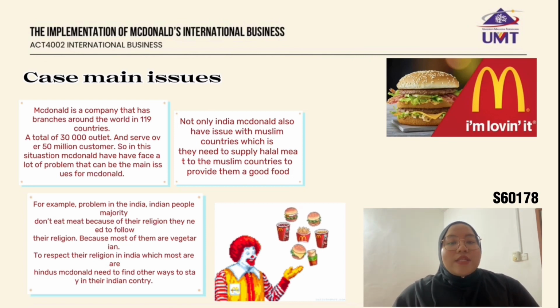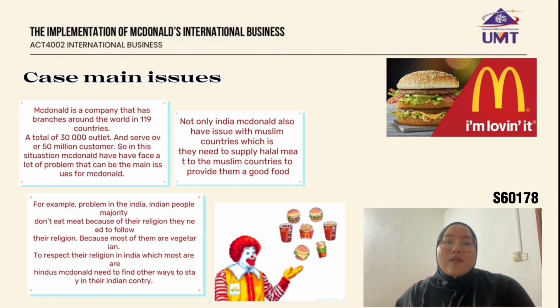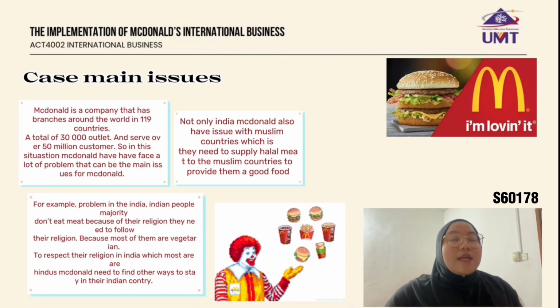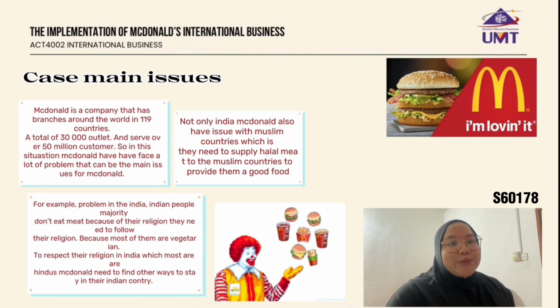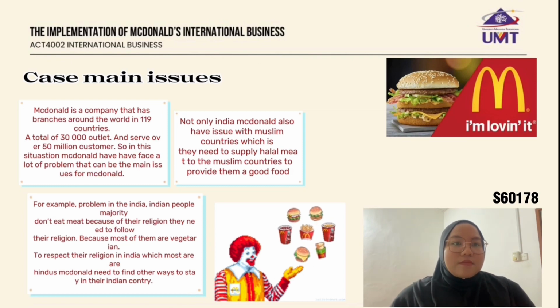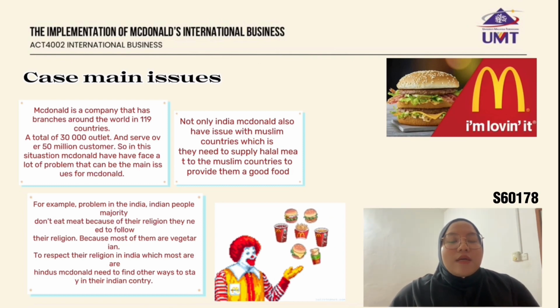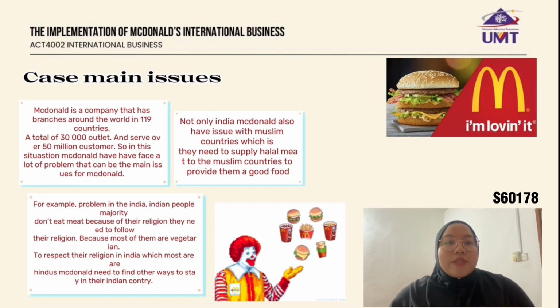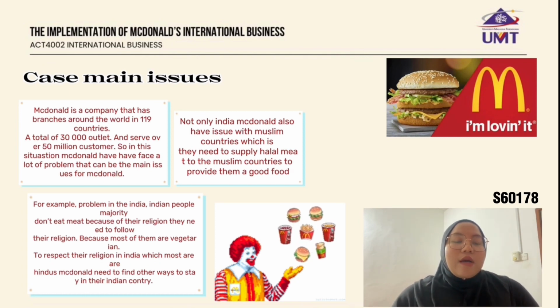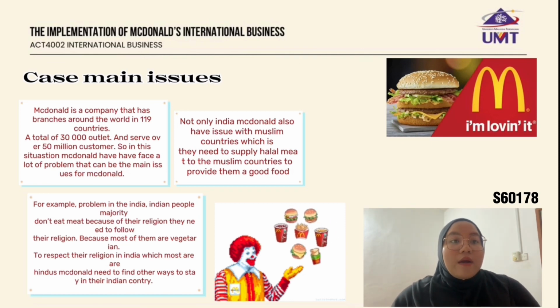In this situation, McDonald has faced a lot of problems. The main issues include cultural and religion issues. For example, the problem in India. Indian people are majority not eating meat because of their religion, as most of them are Hindus.